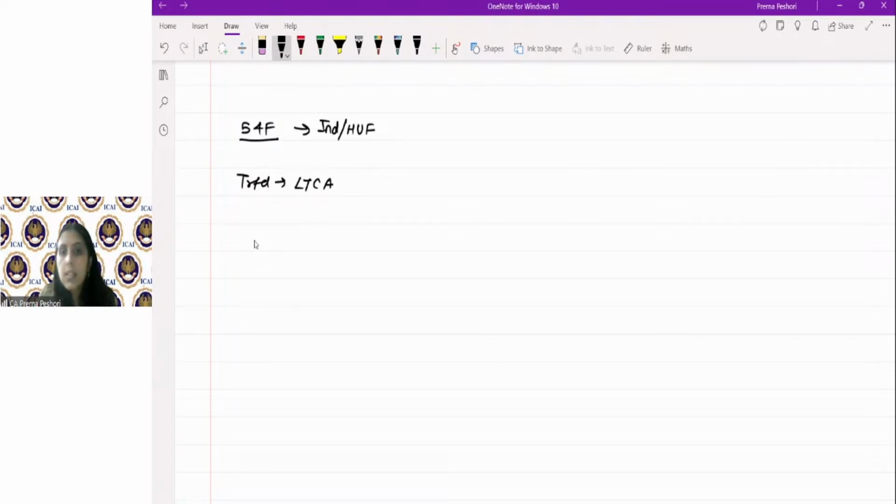Long-term capital asset other than a residential house. Here, even plot of land is eligible because that is not a residential house. And what is the eligible asset over here?